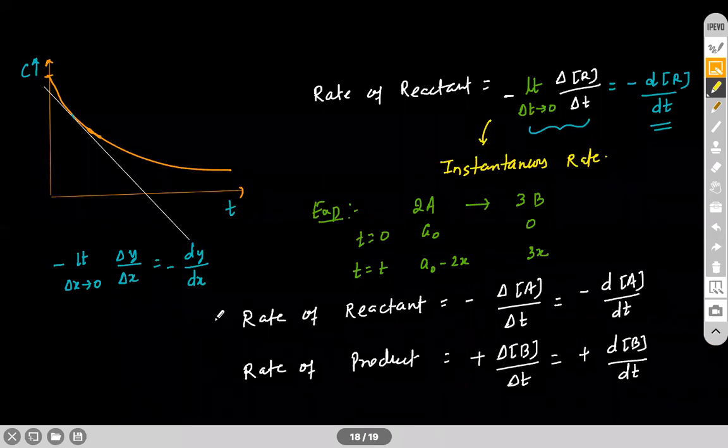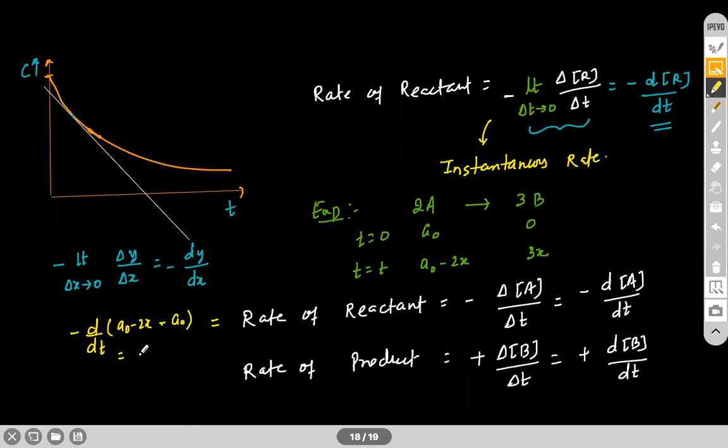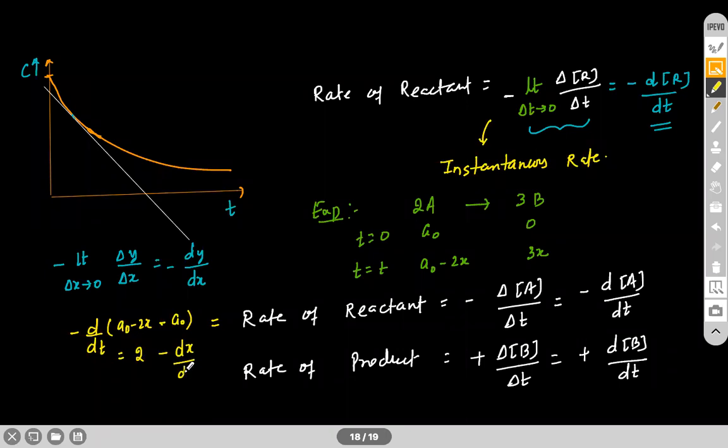Rate of reactant A, minus dA by dt. We can write minus of d by dt of a naught minus 2x, minus the initial one, which is a naught. Which is coming out to be 2 into minus dx by dt.